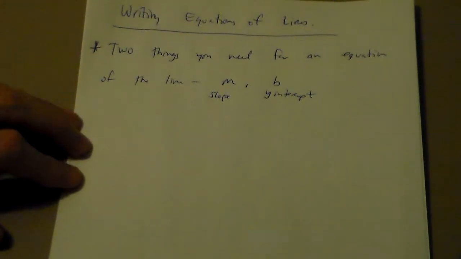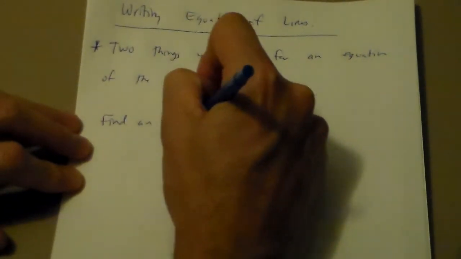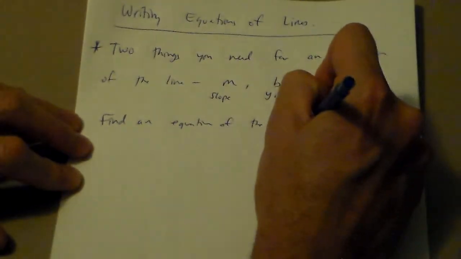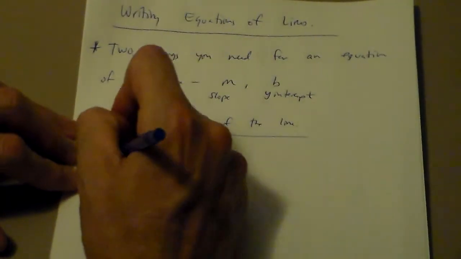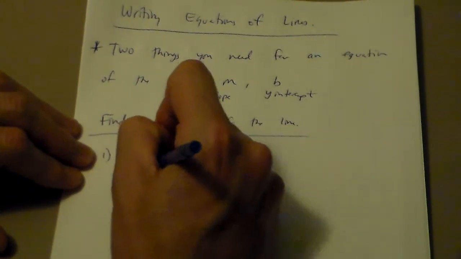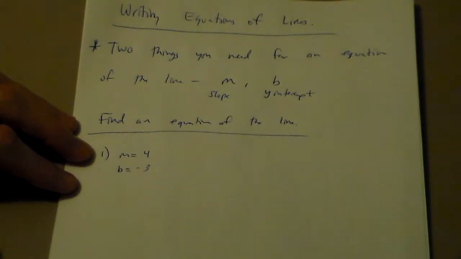Now, some of the early problems, they'll say, find an equation of the line, and then they might say number 1, where m is 4 and b is -3. Well, boy, I could probably teach my pug how to do this one, because all you have to do is plug the numbers in.